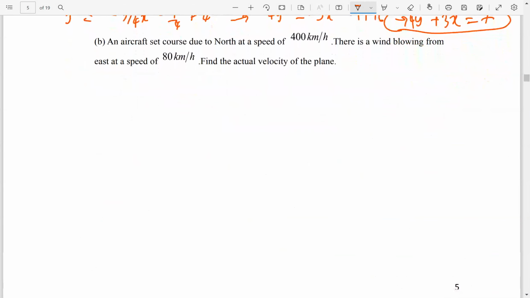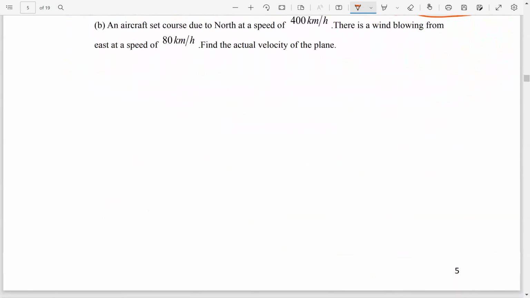We go to question number 4b. An aircraft sets course due north at a speed of 400 kilometers per hour. So the aircraft is setting course due north with a speed of 400 kilometers per hour.